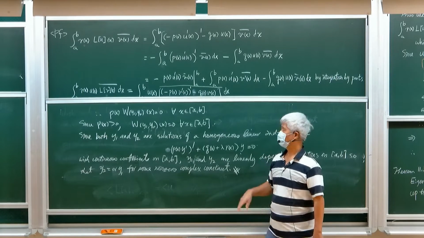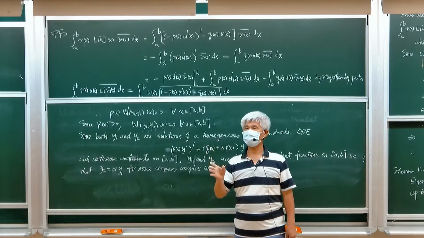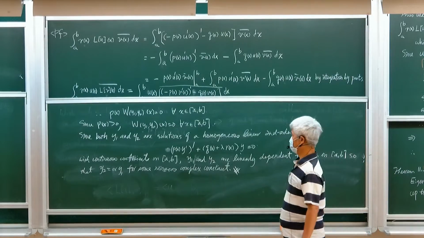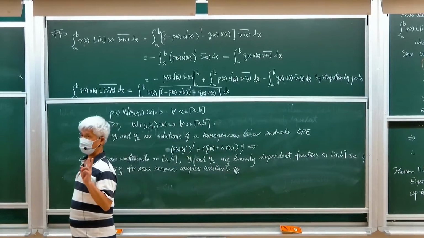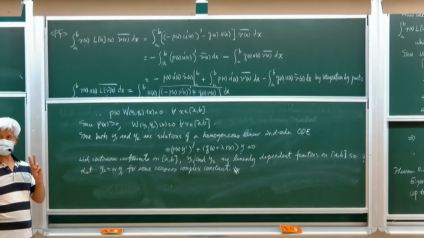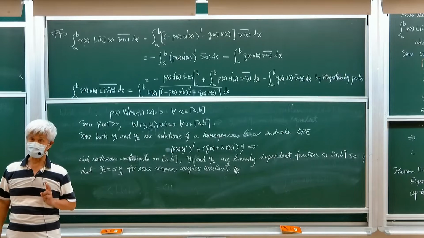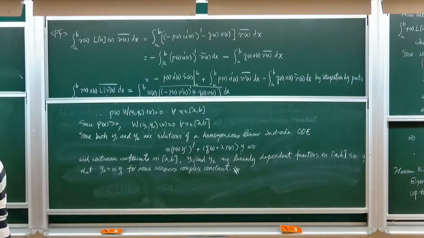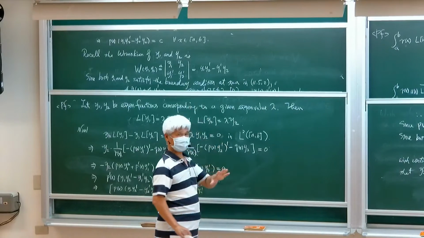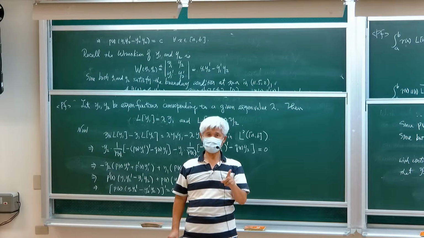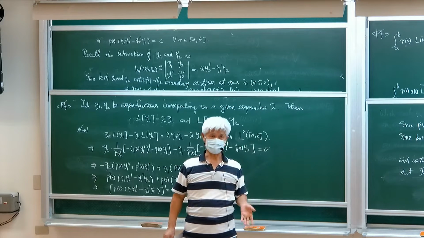Okay, good. Because when we solve a second order ordinary differential equation, especially linear differential equations, we know that there are two independent solutions. And how do we check that two solutions are independent? You use the Wronskian, remember? If the Wronskian is non-zero at a point, then it will be non-zero for all points.